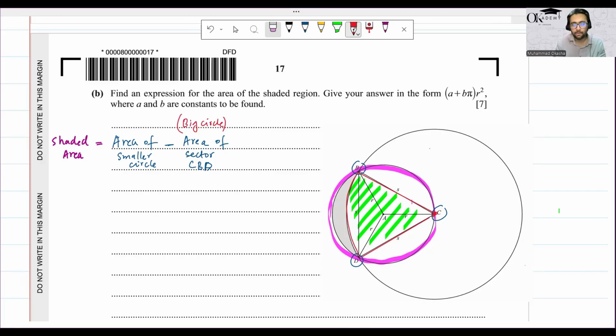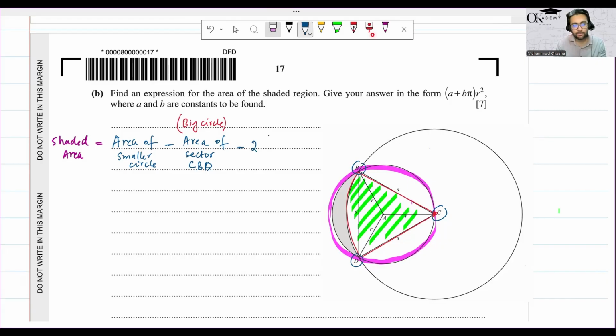Okay, what else do I have to take away from the smaller circle? One more time. This is a smaller circle, right? I've taken away this. So I already subtracted. What else do I have to subtract? I think I have to subtract this and I have to subtract this. These are called segments. Okay. And we have two of these segments.